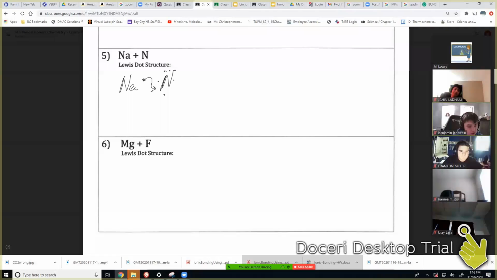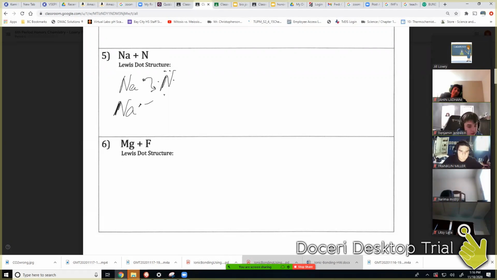But that only brings the nitrogen up to 6, and it wants to get all the way up to 8. So what do we need to add so I can have another electron to donate to that nitrogen? I need another electron, and my other electron would be from another sodium.